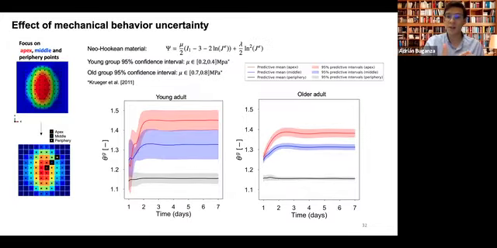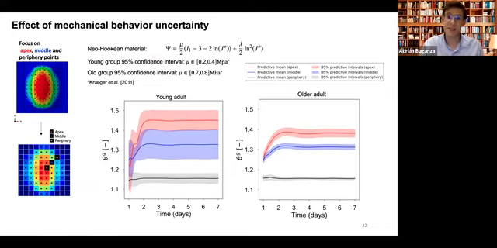And again, once you have the surrogate trained with these different types of data, you can do uncertainty analysis. For example, if we took data from this paper where they measured the mechanical properties of 300 men and women, we find a shear modulus from those data, and we can propagate that through the surrogate and show, for example, that younger adults would have greater growth with respect to older adults, but also more variance.